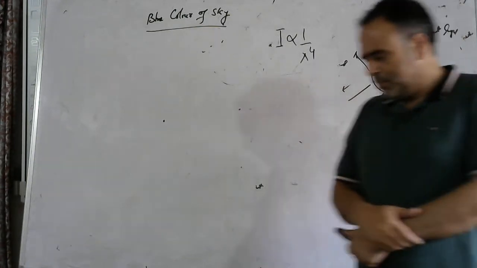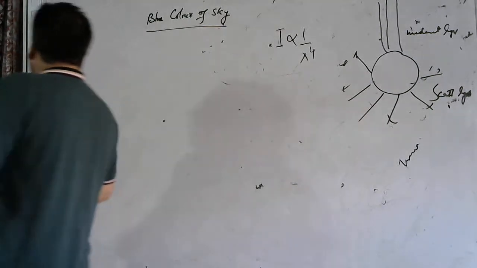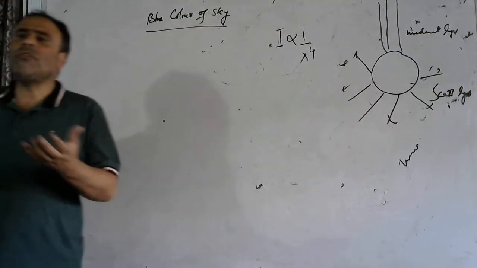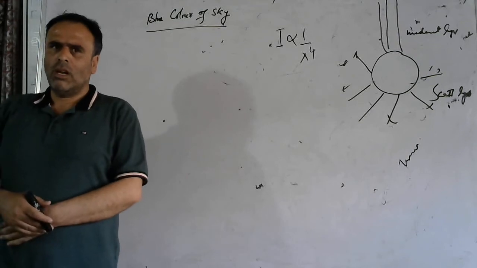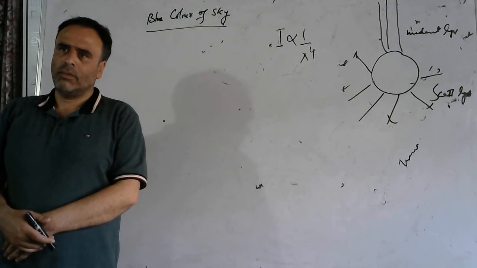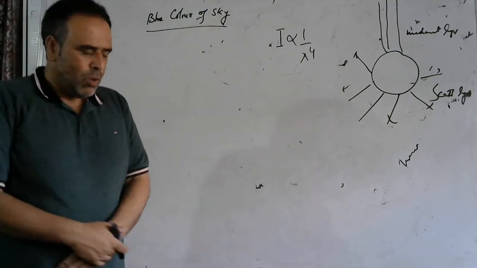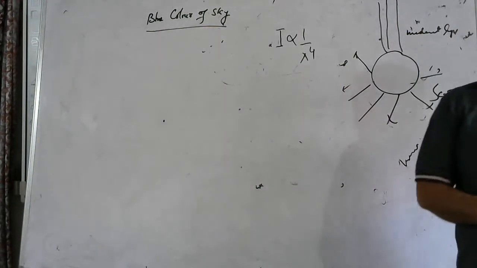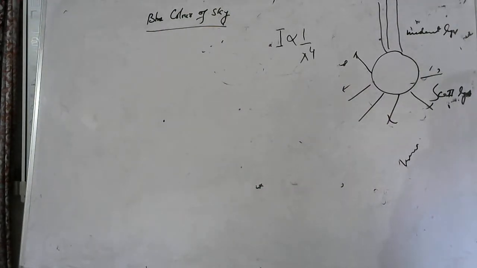Now, the light coming from the sun has to pass through the atmosphere. Therefore, while traveling through the atmosphere, this light collides with the atmospheric molecules. When it collides with the atmospheric molecules, this light gets scattered.